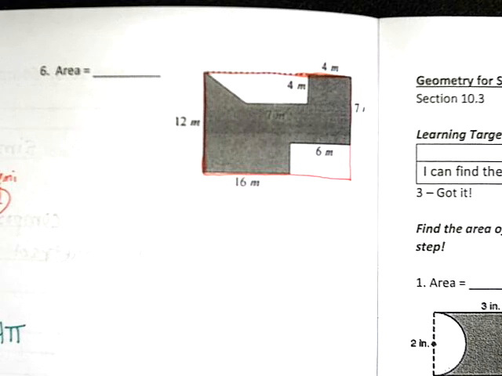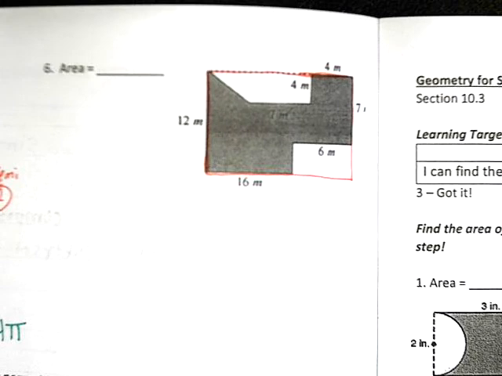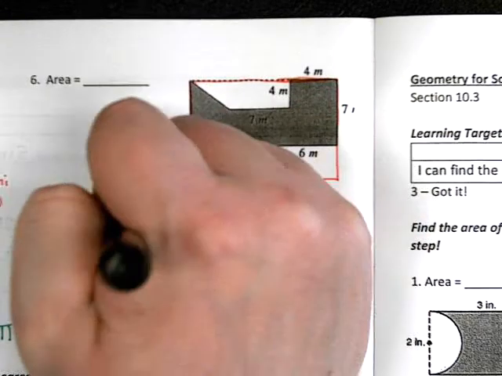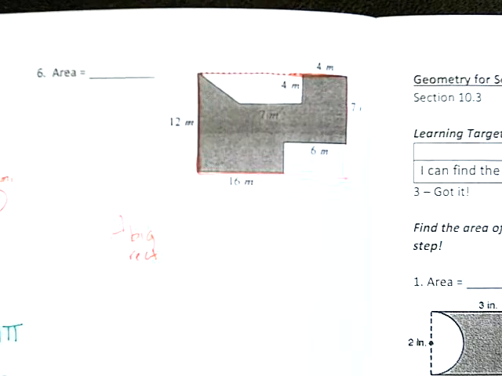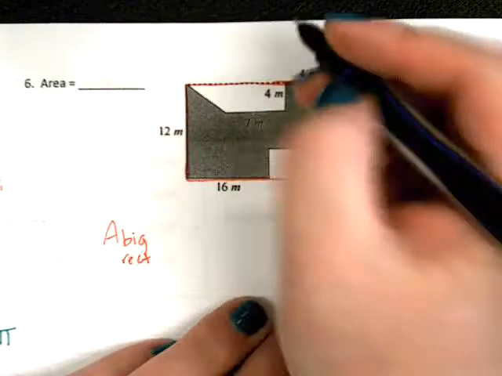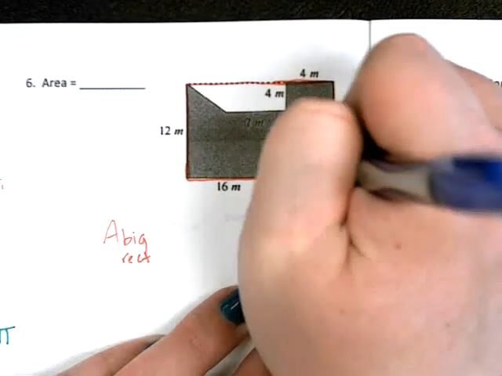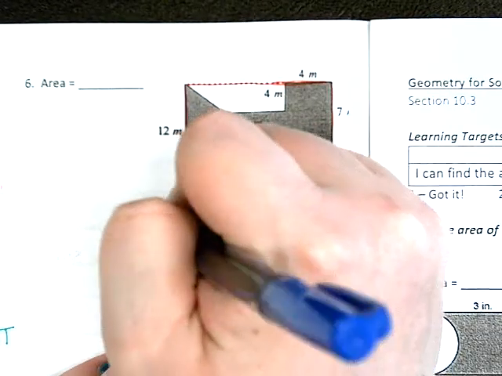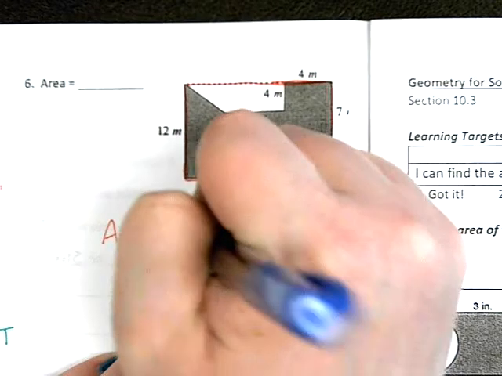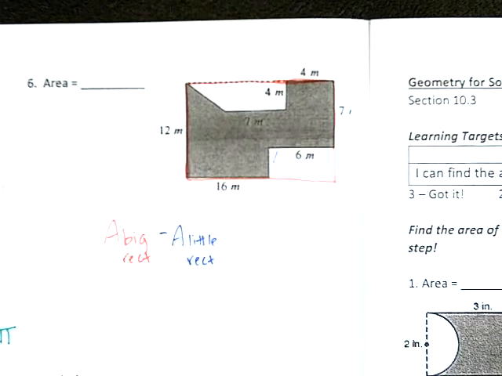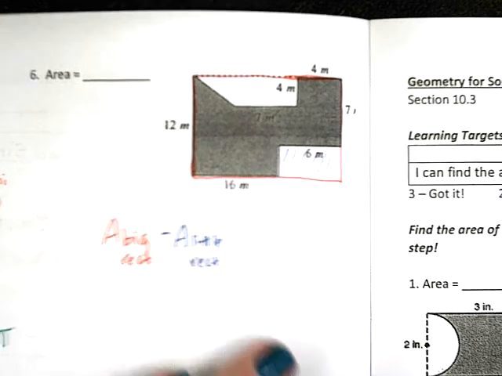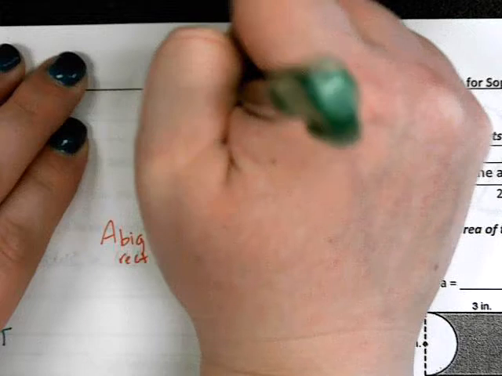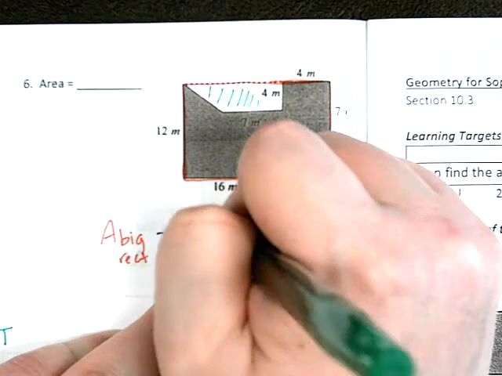So the area of the shaded region, if we can figure out the entire rectangle, so there's a big rectangle, that would be the red. And then if we look here, there's a little rectangle that I want to subtract off. And up at the top, there's actually this trapezoid that we're going to want to get rid of.